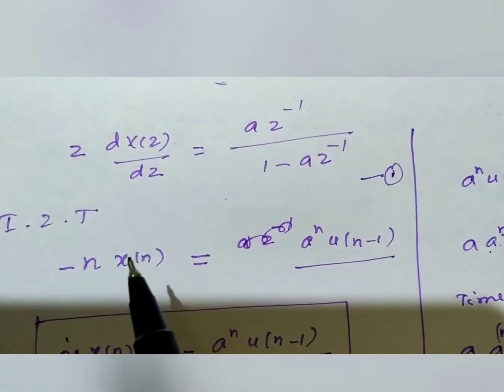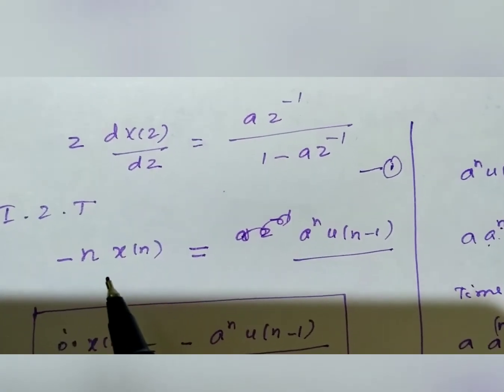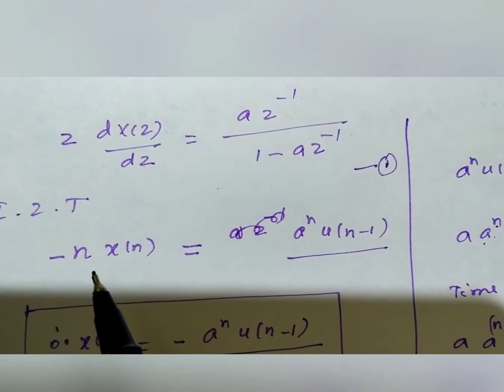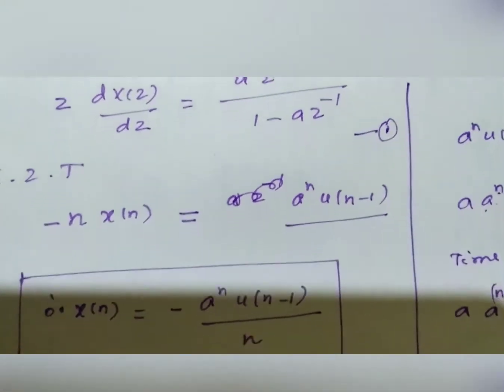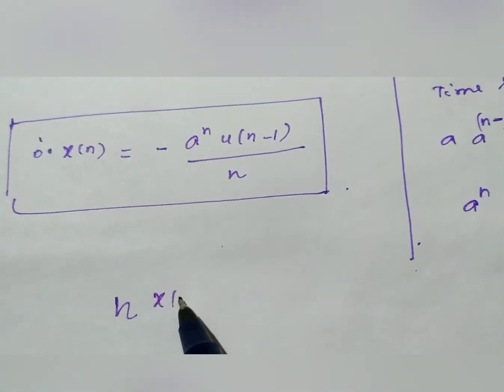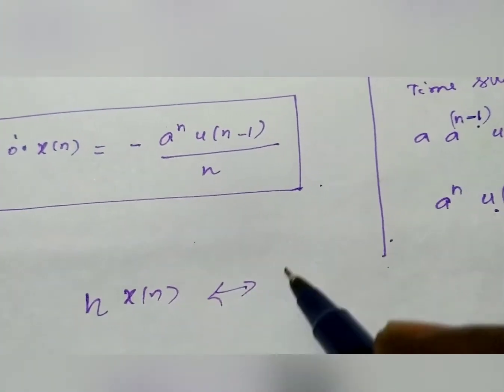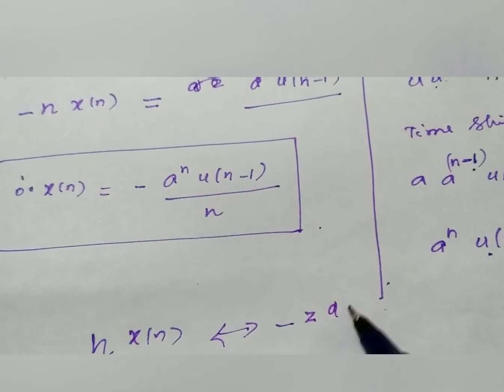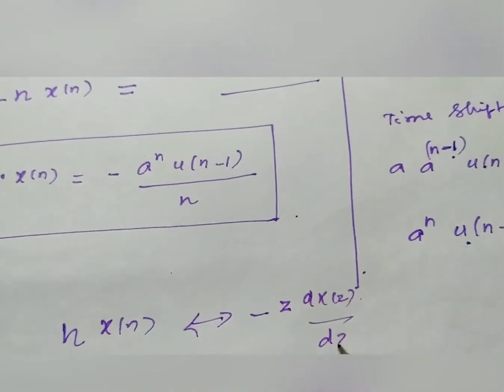When you take the inverse z transform, we have the property that a signal multiplied by n, n x(n), has z transform minus z dX(z)/dz.